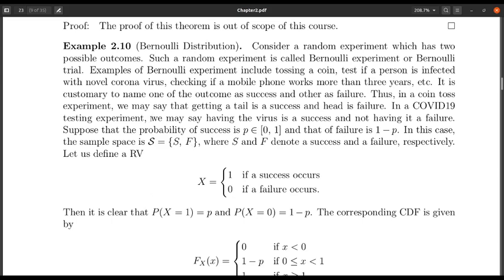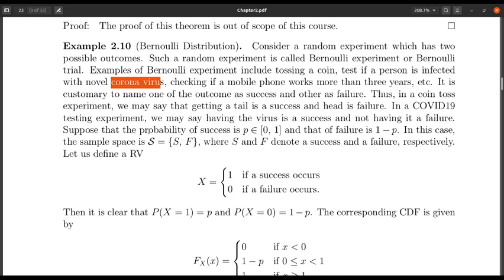We can talk about whether a person is infected by coronavirus or not. Then also we have two outcomes: the person is infected or the person is not infected. We may say that if the person is infected, then this is a success, at least success from the virus point of view.